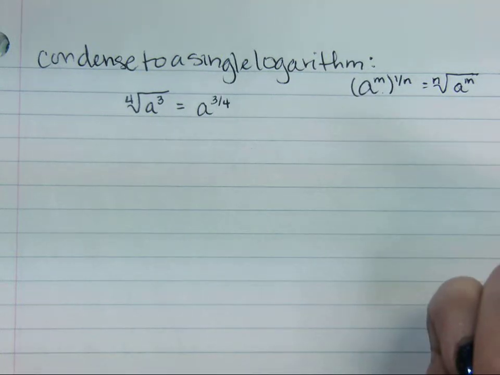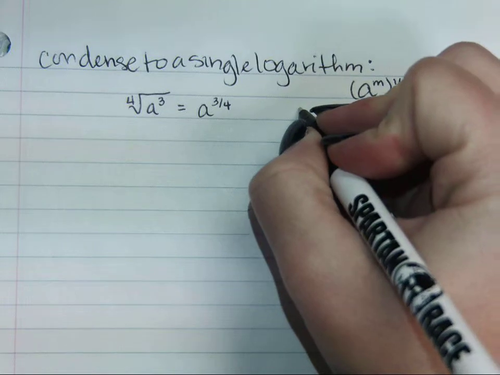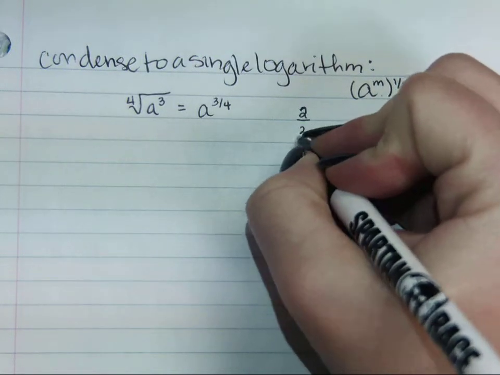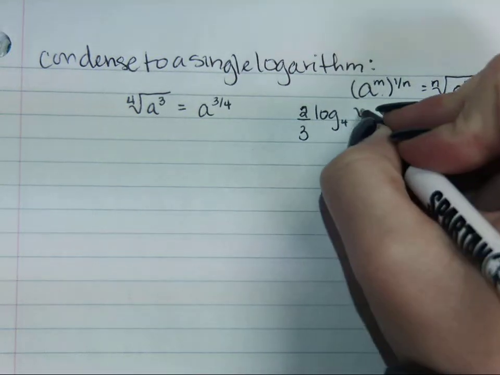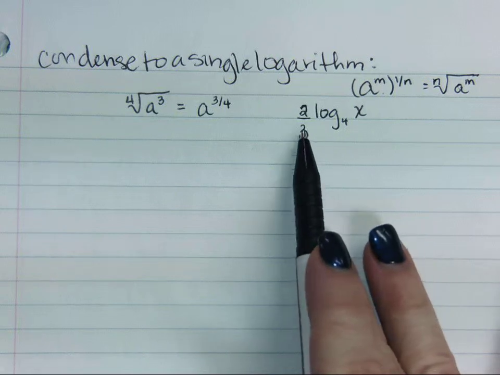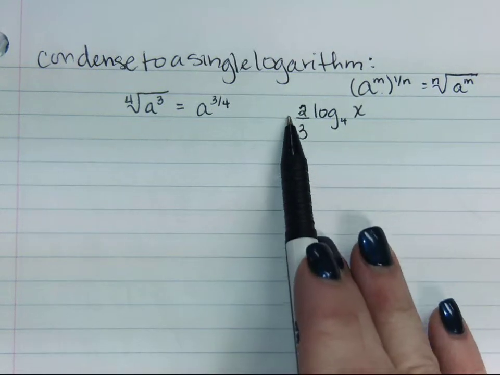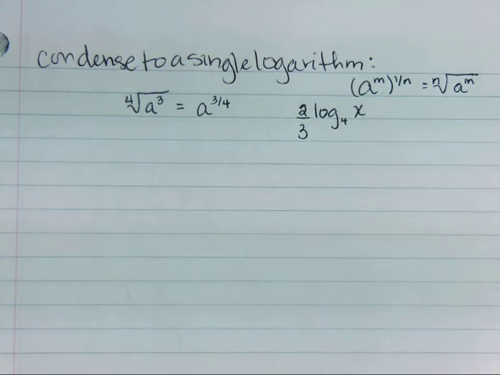So think about a logarithm that might have the 2/3 log base 4 of x. So thinking about the rules that we talked about previously, this number out front, this factor, is really the exponent on that base.